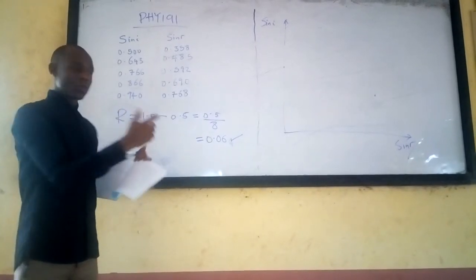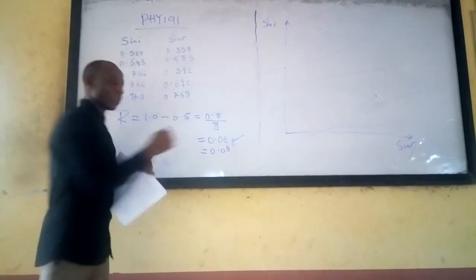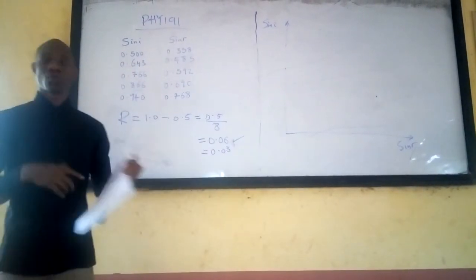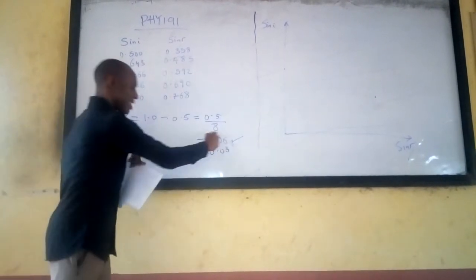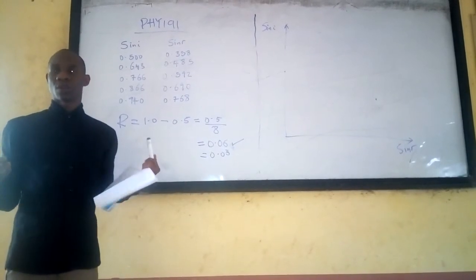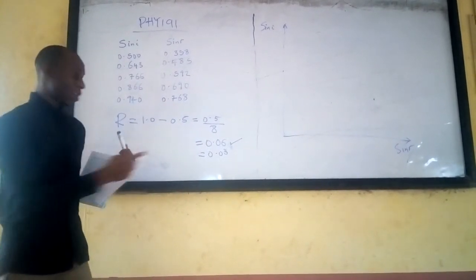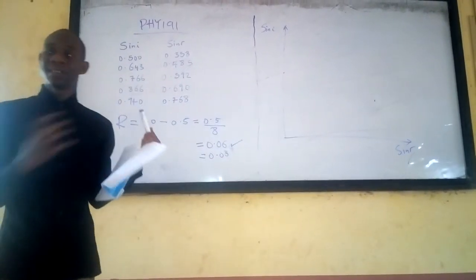So I'm going to use 0.05. 0.05 is a number around this, it will work. 0.07 would work because it's around 0.06. Even 0.04 would work. You understand? And I'll be using 0.05. Why? Because it's easy for me to add.